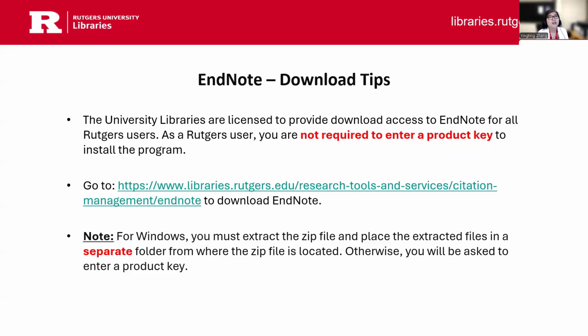You have to unzip it and then put the two files, one is the installer, the other is the README, the license data one. There are two files that you have to put together. Otherwise, you will be asked for a product key. You're not supposed to.